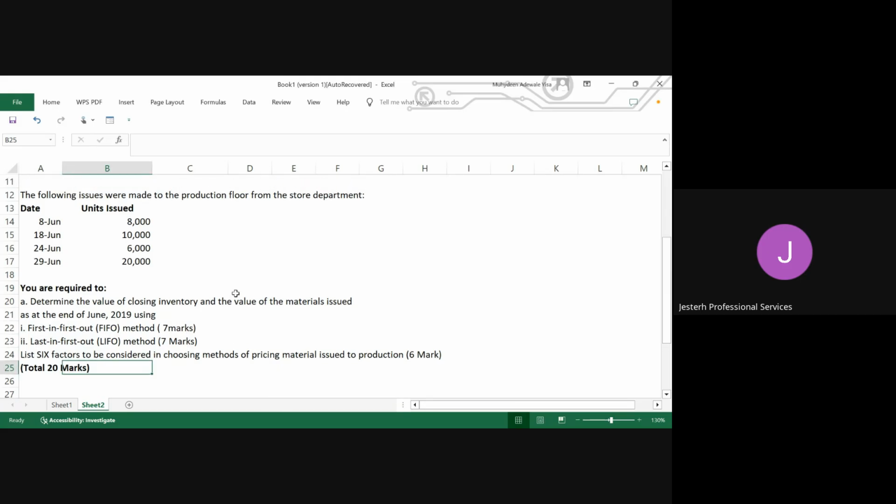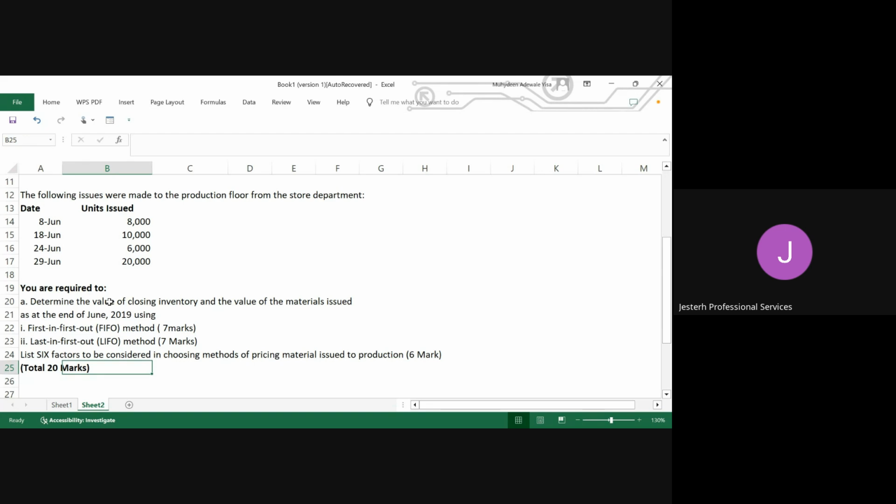Now, the requirements. Like I usually say, whenever you see any question from the ICAN, the first thing you need to do is go to the requirements first and understand what they ask you to do.